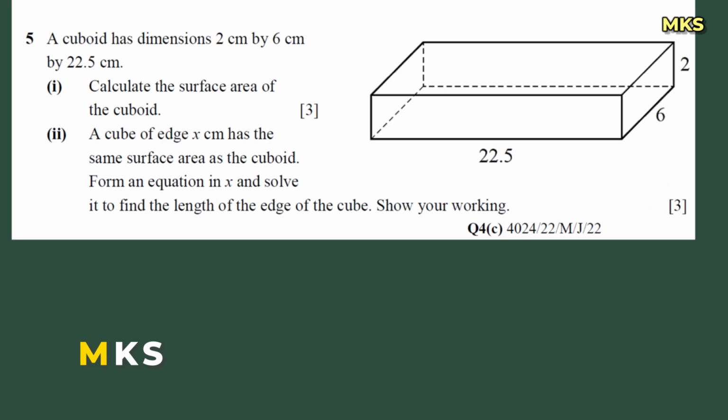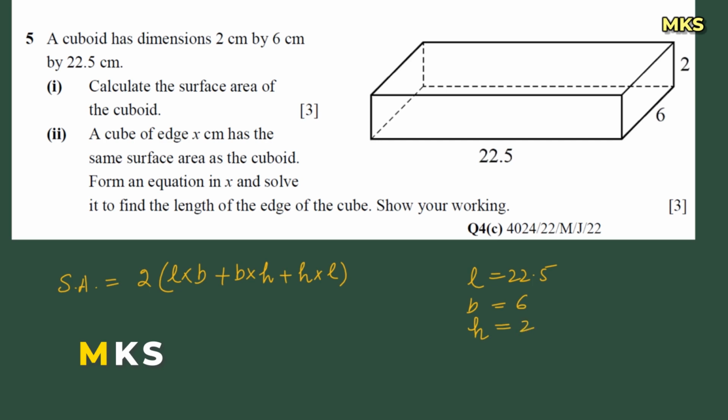We know surface area of the cuboid is equal to 2 times L into B plus B into H, breadth into height, then plus height into length. Here we can see length is 22.5, breadth or width is 6 centimeter, whereas height is 2 centimeters.